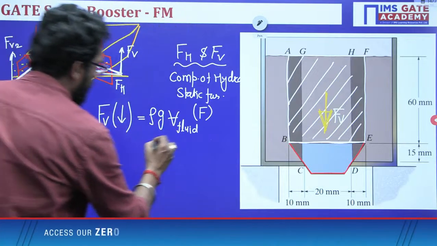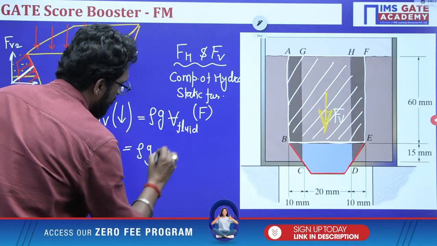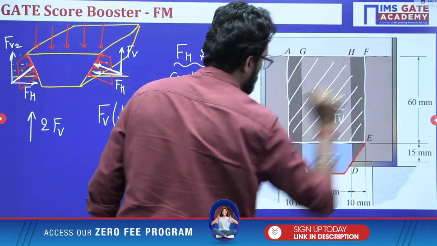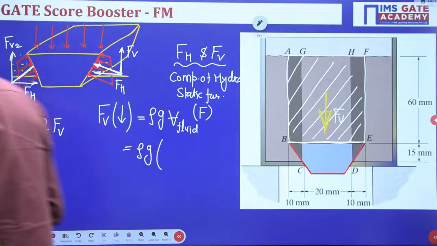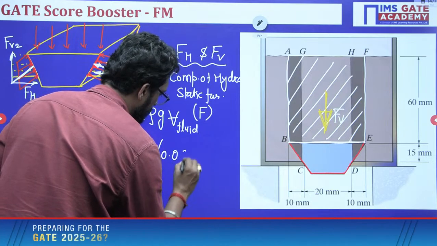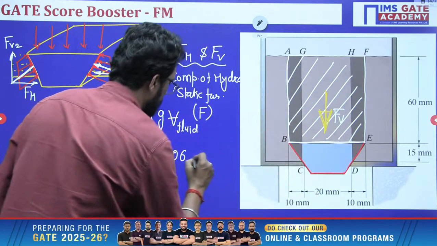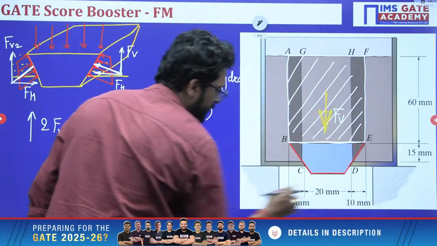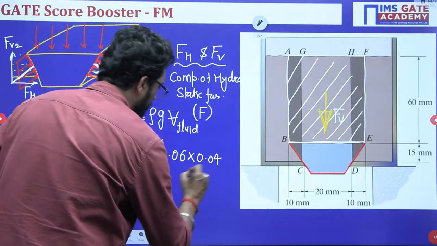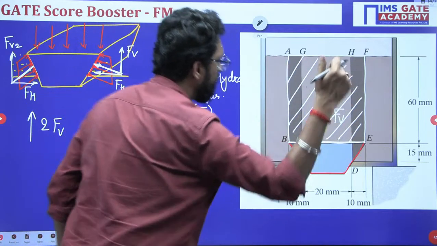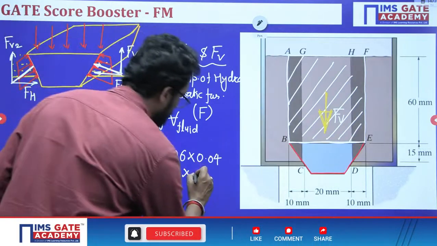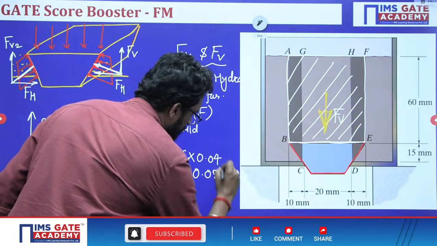So, rho g, what is the volume? This height is 60 mm, that means 0.06, into this length 0.04, into the width, which is given as 50 mm, that is 0.05.